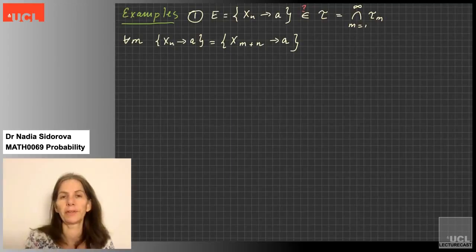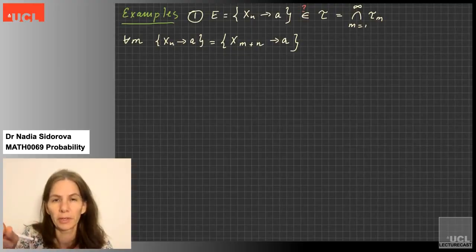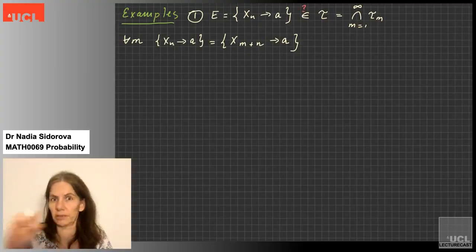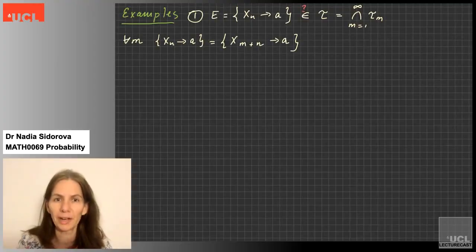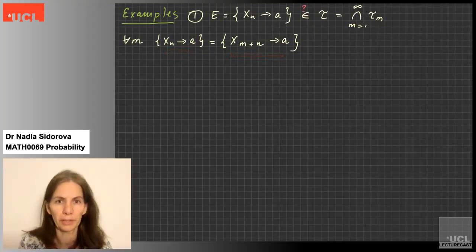It's simply that the m plus 1 term of my sequence becomes the first term, the term m plus 2 becomes the second term, the term m plus 3 becomes the third term, but it's still this. So the convergence either occurs for both sequences or for neither.